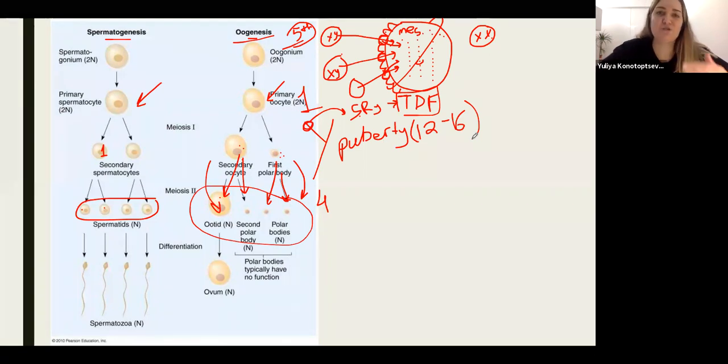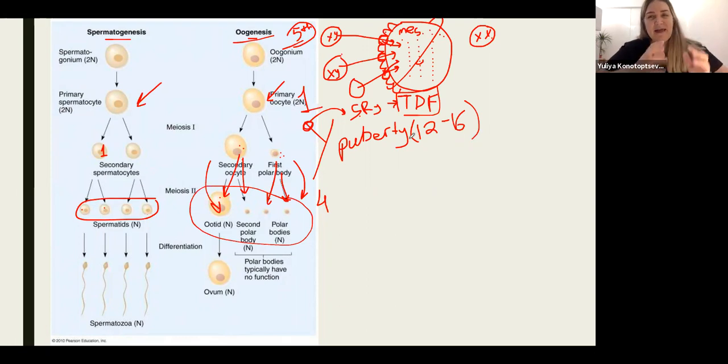Of course, there are early puberty hitters, there are late ones, but typically it's never later than 16 and never earlier than 12. So that's the approximate time for hitting the puberty. I really like that in English we say hitting the puberty because it really shows that it is a very sudden moment, a very sudden process.